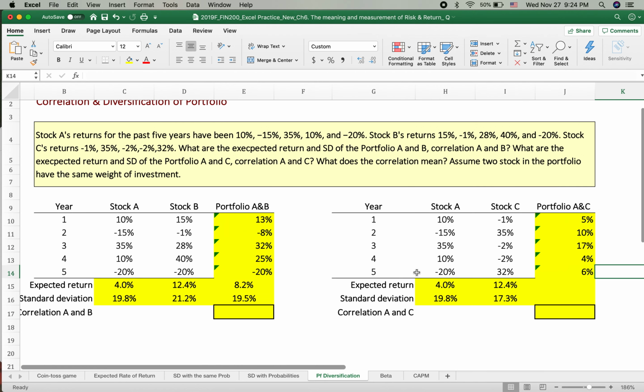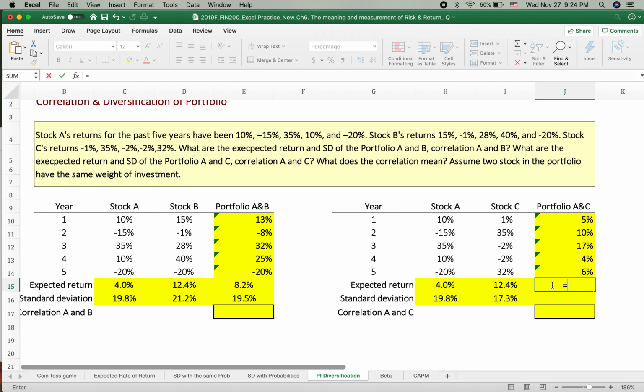And then the expected rate of return is going to be just the average of these 5 years of portfolio A and C, which is 8.2. Okay, let's take a look at this and this. 8.2% expected rate of return of portfolio A and B is the same as the expected rate of return on portfolio A and C. Anyway, 8.2% is the satisfaction of this portfolio management.